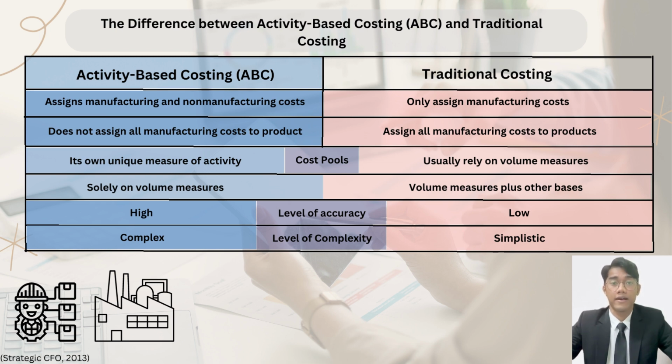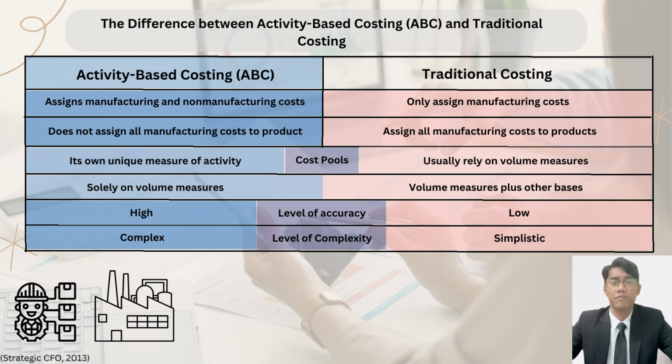Each of the ABC cost pools has its own unique measure of the activity, while traditional costing usually relies on a volume measure such as direct labor hours and or machine hours to allocate all the overhead costs to the product.